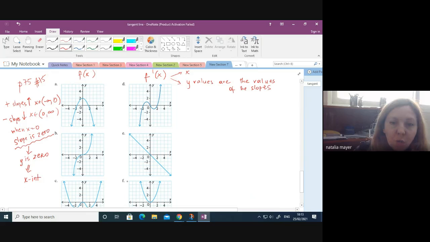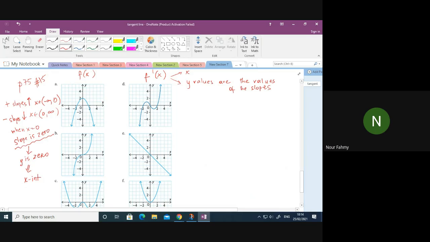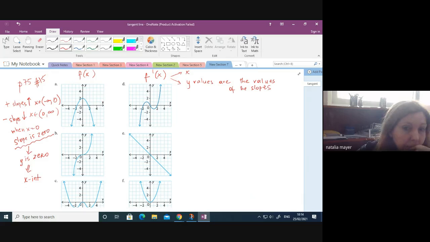So which of those graphs do you think represents the derivative function for this parabola? Do you have an answer, or should I keep giving you clues? Is it E? D? E. Can you explain why you think it's E?